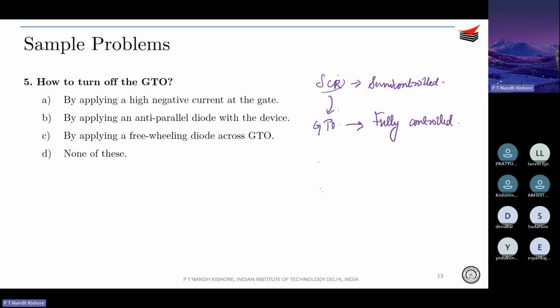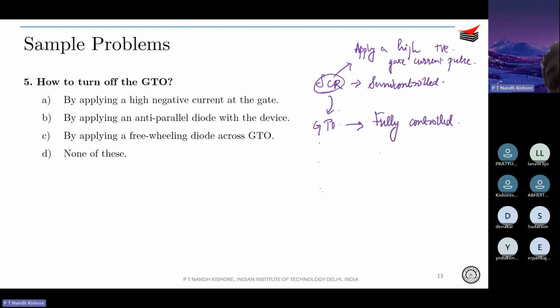During turn on, what you do in an SCR is apply a positive gate current pulse, and then the SCR turns on. However, the turn off is not simple. You need to apply a sufficient reverse bias voltage and make sure that the current is less than the holding current of the device.